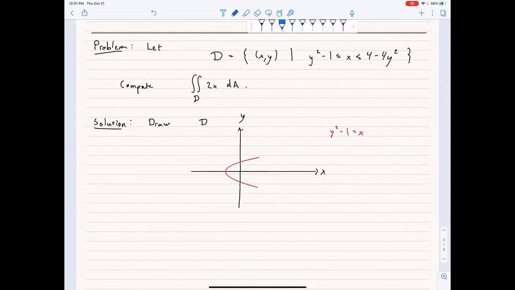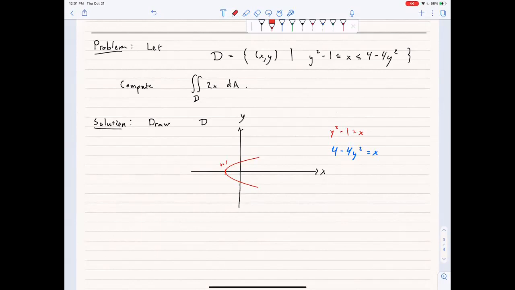And now if we want the other boundary, we look at the other equation. We set this other inequality equal to an equality. So we get 4 minus 4y squared equals x. Here I labeled this intercept at x equaling 1. And here again, you get another parabola, again viewing x as a function of y.